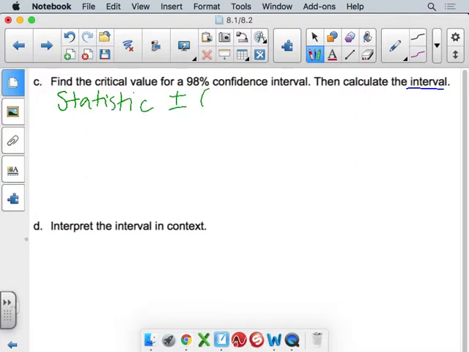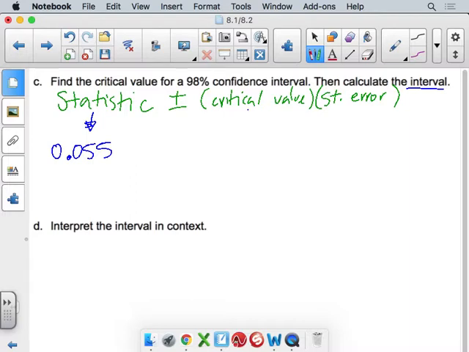Statistic plus or minus critical value times standard error. Our statistic in this case is our p hat, which was 55 out of 1,000 kids, so 0.055.